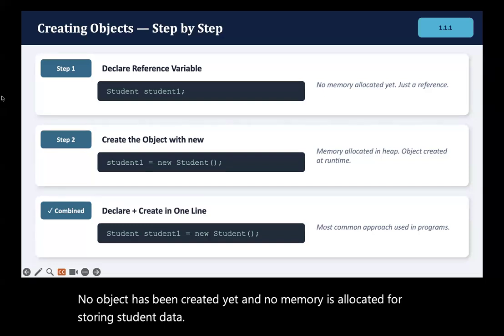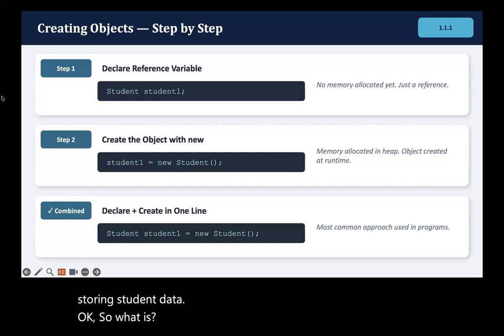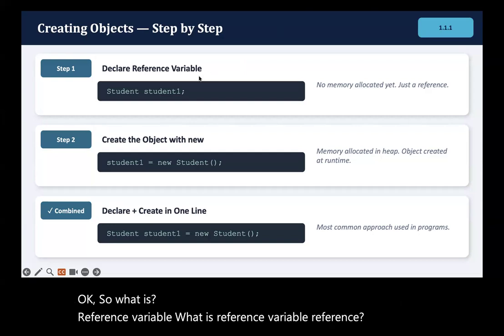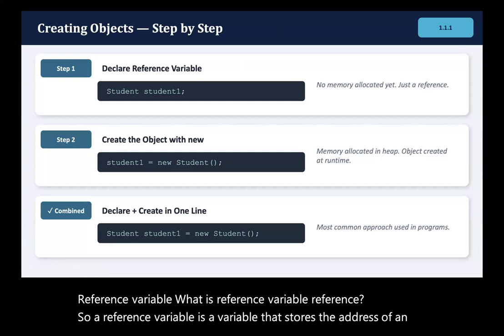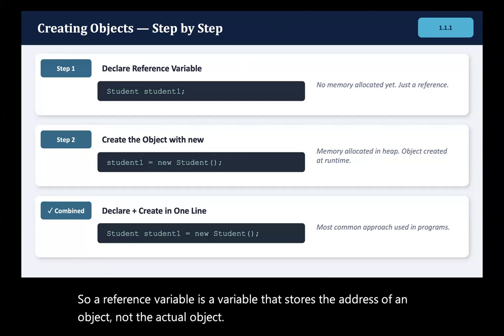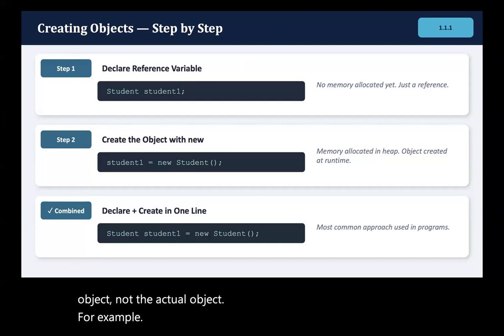So what is a reference variable? A reference variable is a variable that stores the address of an object, not the actual object. For example, think of an object as a house, and the reference is like the house address.